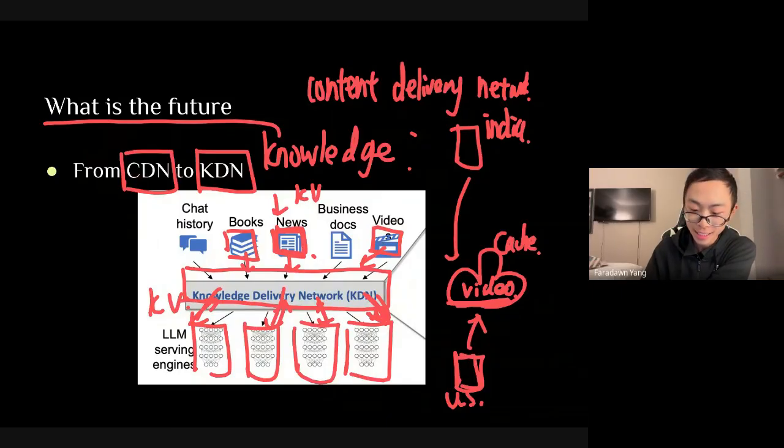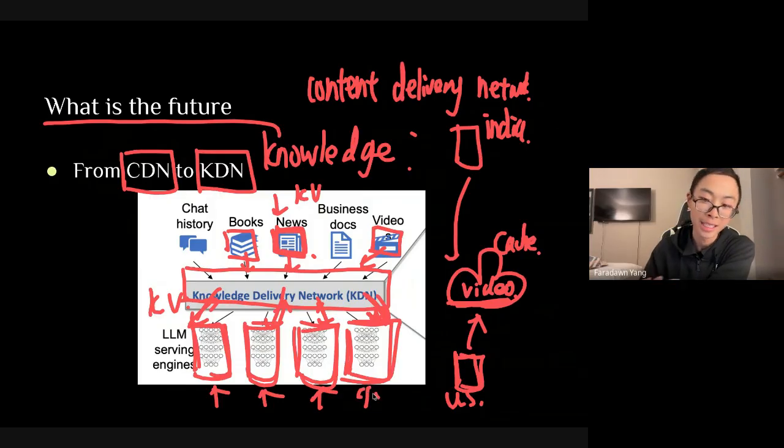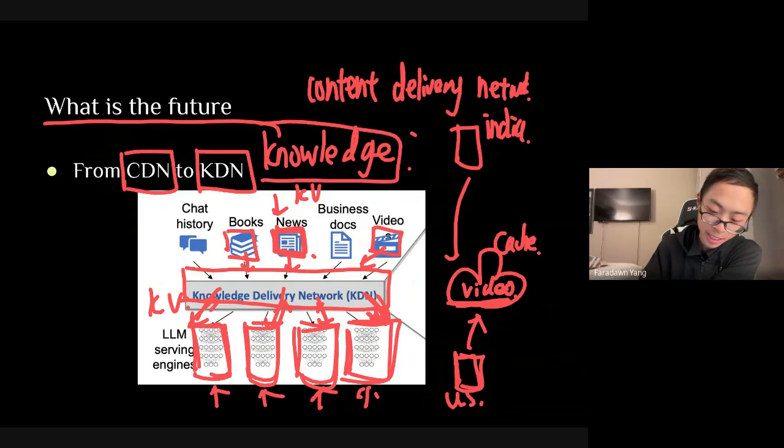This content delivery cache will distribute those KV tensors to each user, so the endpoint users don't need to buy expensive GPUs or waste resources to compute those contexts again. And that's the future of knowledge delivery network. What do you guys think?